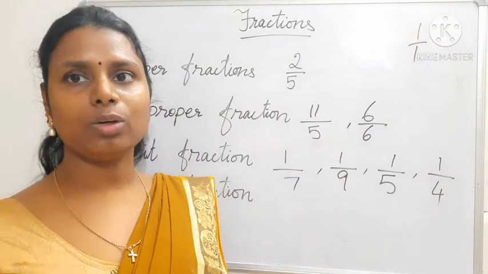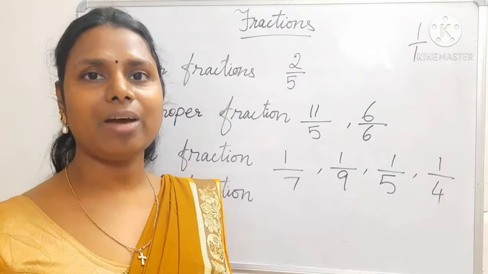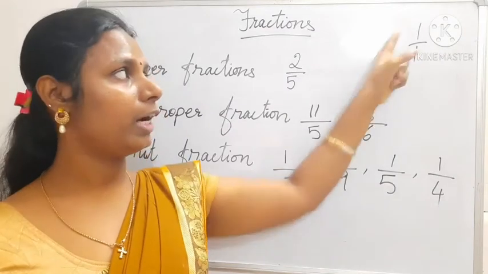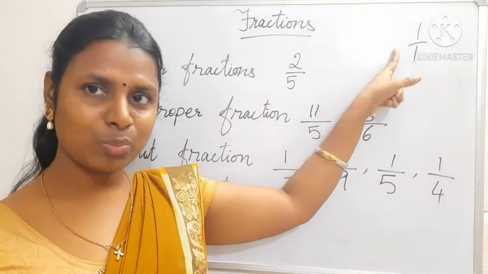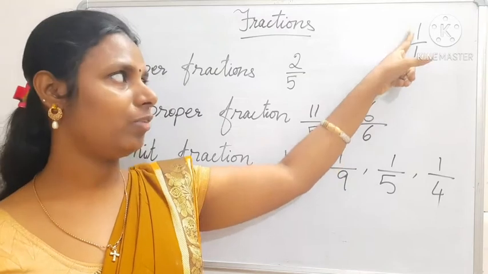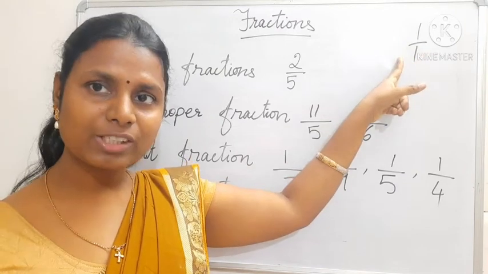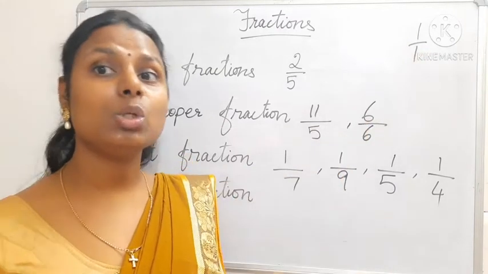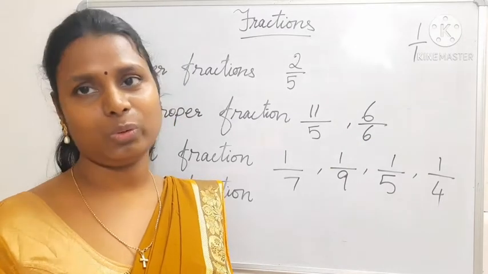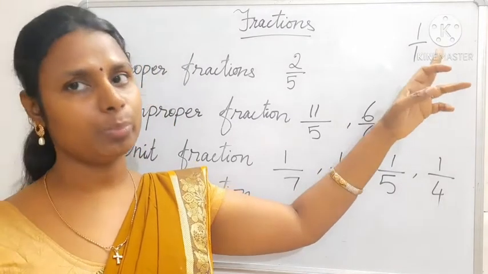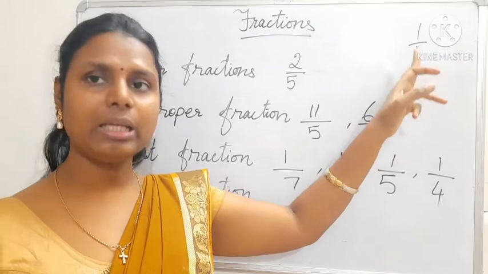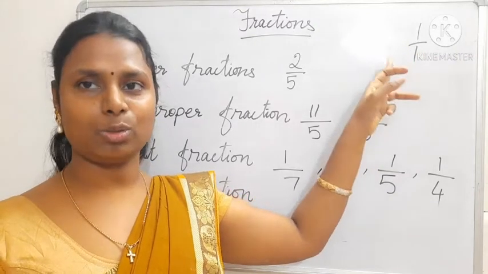We have both of these. 1 by 1, numerator is 1. And 1 by 1 is improper fraction also, and this is unit fraction also. Okay, this can be said improper fraction also, this can be said even unit fraction also.